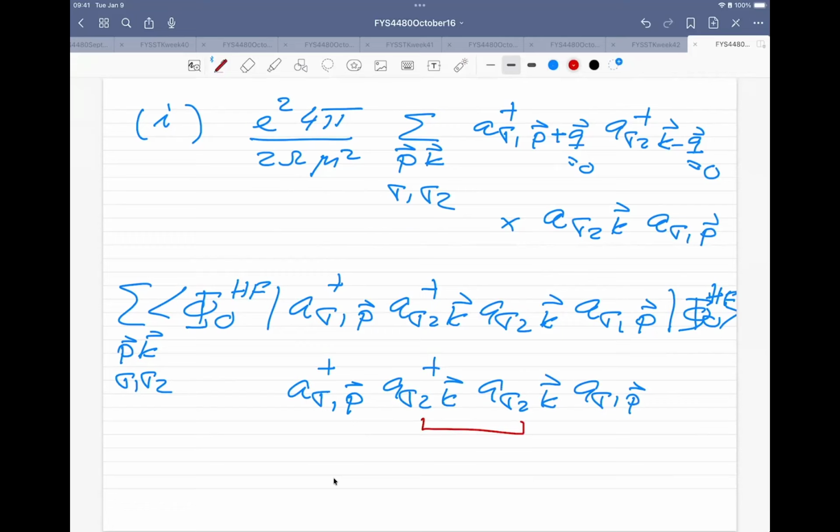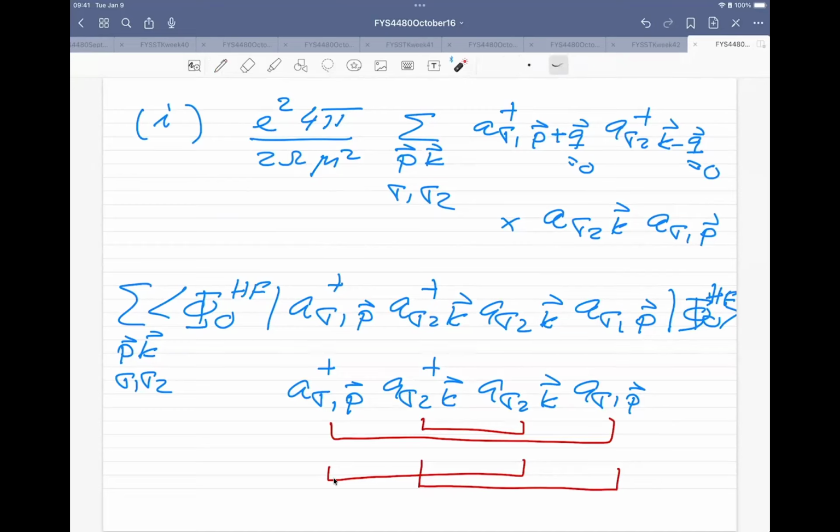Then sigma 2 is equal to sigma 2, and we also have this one, sigma 1 is equal to sigma 1 and P is equal to P. But then we can have another contraction here, because we can also do that one. Then we are forcing sigma 1 to be equal to sigma 2. That's a fully possible state. And then we are forcing P to be equal to K.